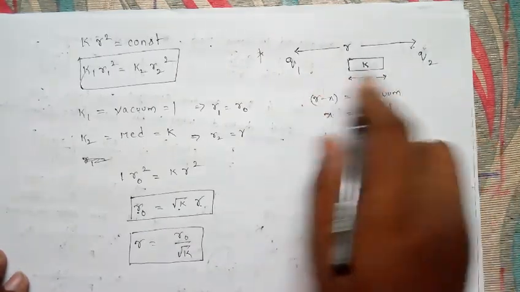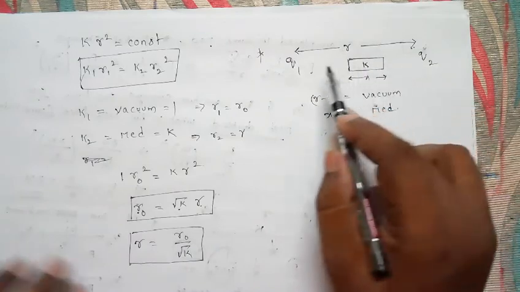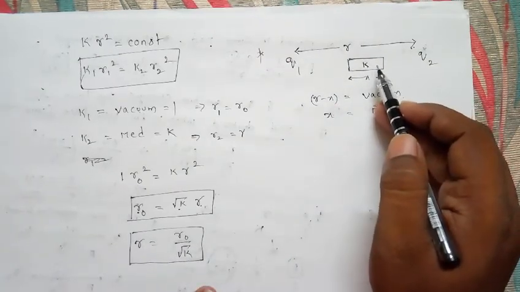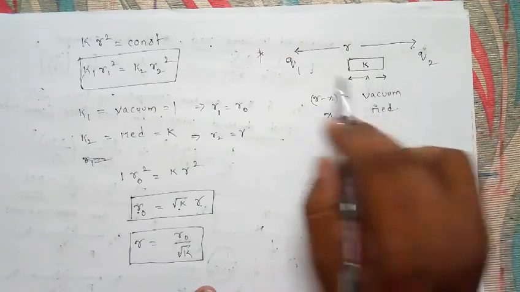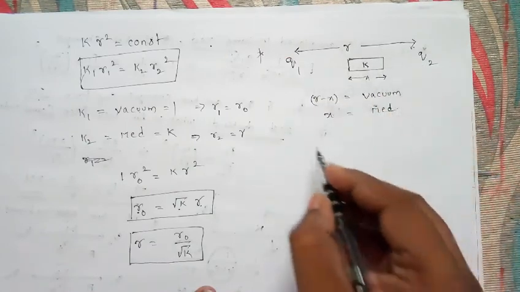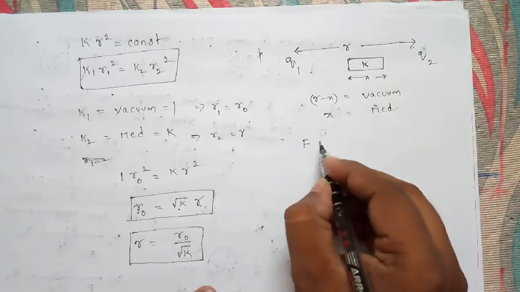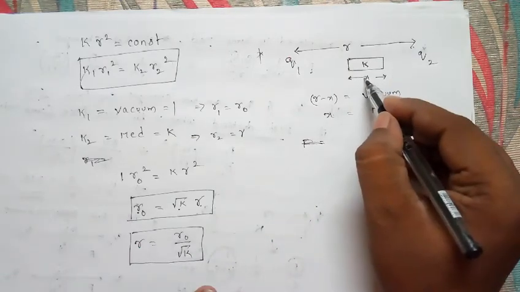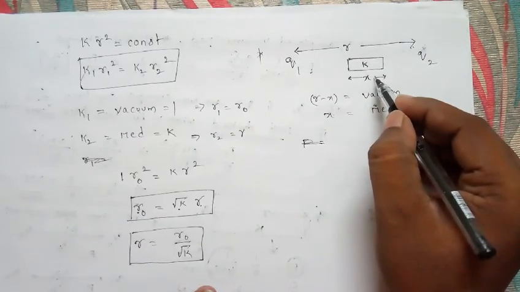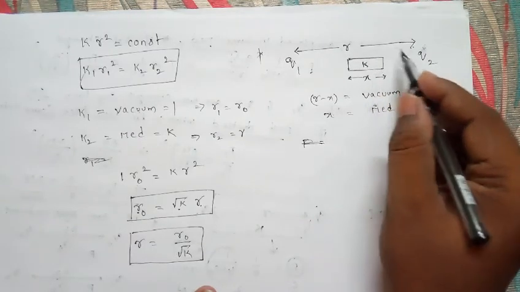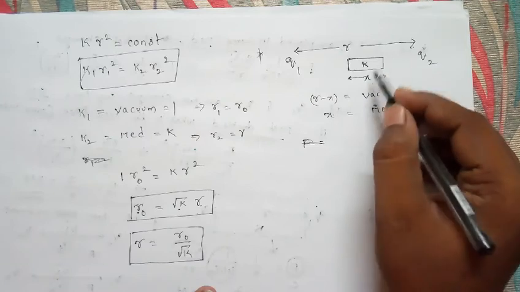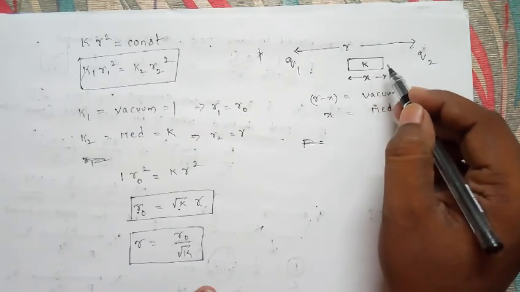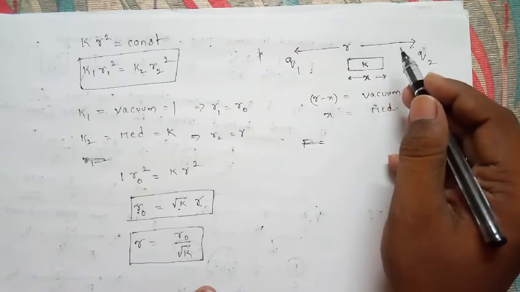Then what is the force between them? If the space is completely filled with dielectric constant, we write the force as the force in vacuum by k. But in the partially filled case, how do we write it? First we understand that the x distance in medium should be written as an equivalent distance in vacuum.